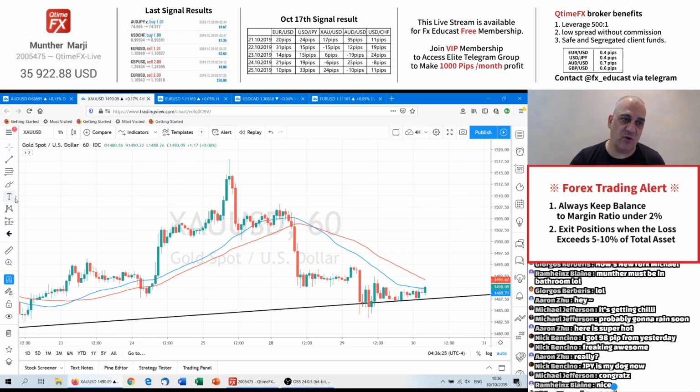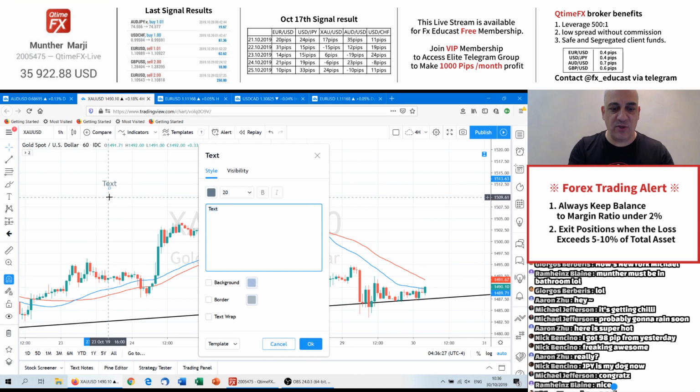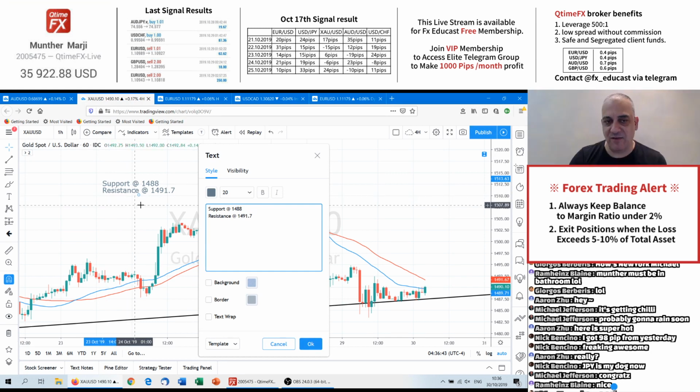The initial ones are support 88, resistance at 1491.7. Okay, it is 0.67, so I rounded that to 0.7.